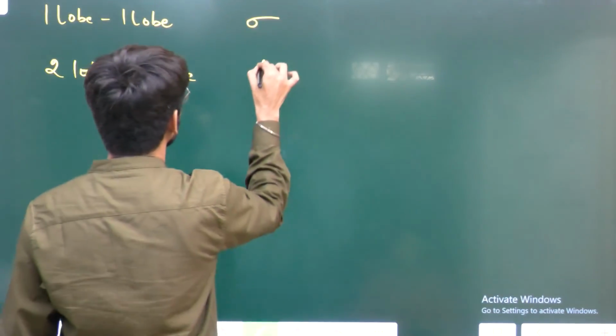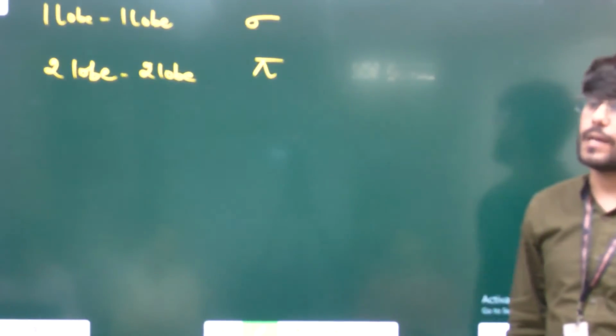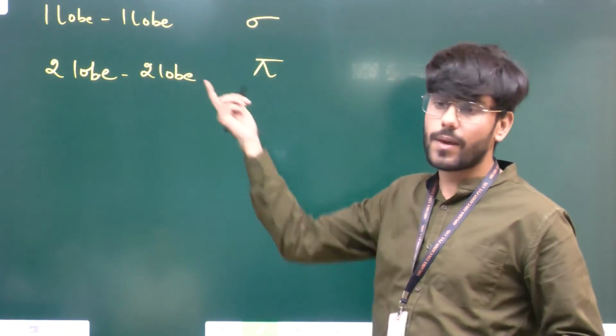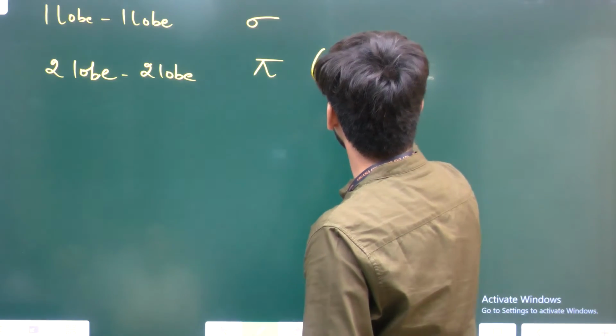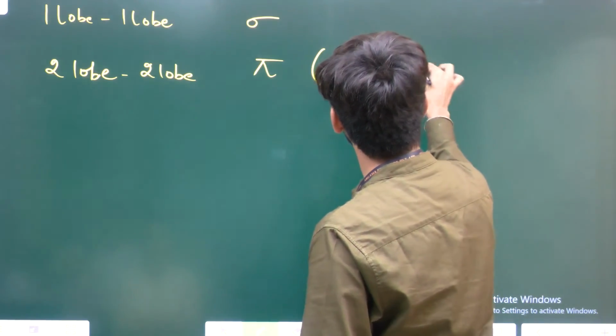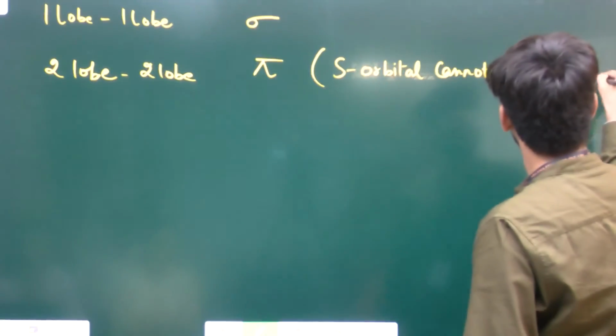Two loop is a formation of pi. इसका मतलब S orbital can never form a pi because S के पास दो loop होते ही नहीं है. S orbital cannot form pi. Cannot form.